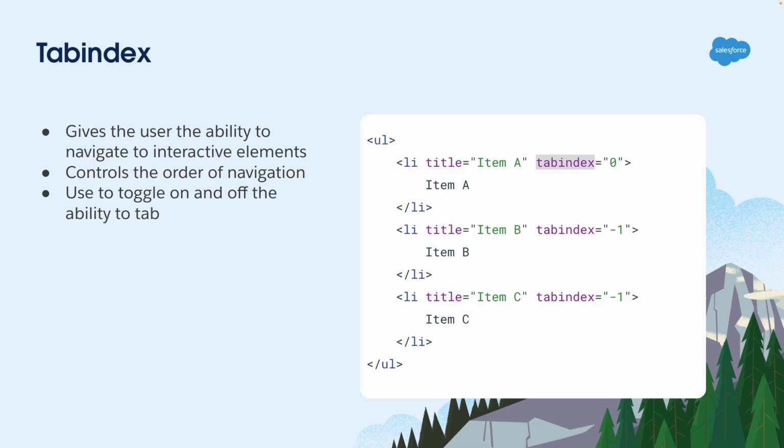So when we have a property of 0, the behavior that we can expect when the user is tabbing is that they will get to this element in the order that it is presented within the DOM. And an accessibility best practice is to make sure that our DOM is arranged as closely as how the elements are arranged visually on the page as possible.